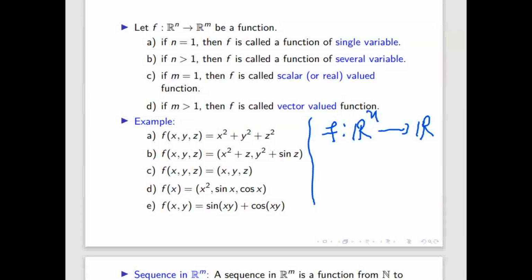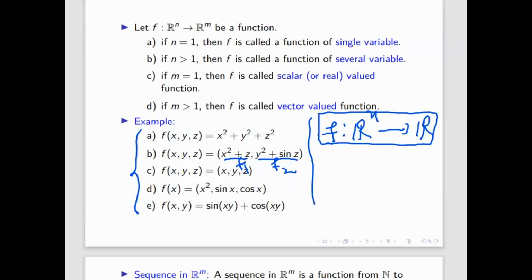If you have several variable with scalar valued and you know the answer of this, that means you can answer all types of problems. How? This one is from R3 to R2. Why will we deal with this first? Because if you know this, you know the answer of this also. Suppose this is called function f1 and this is called f2. So what is f1?